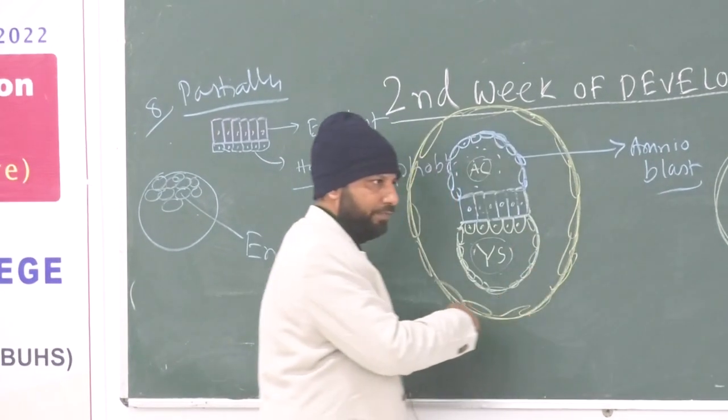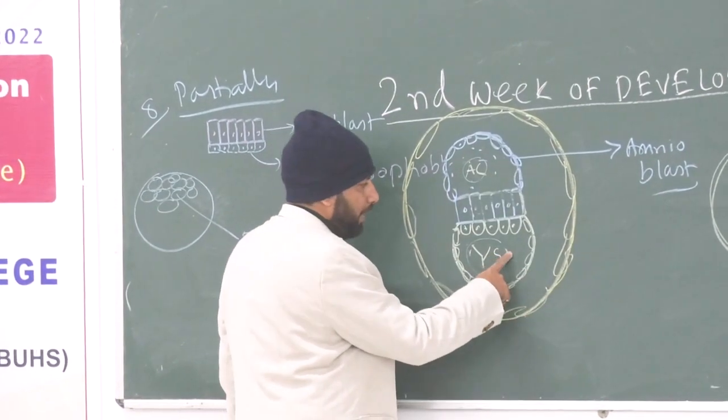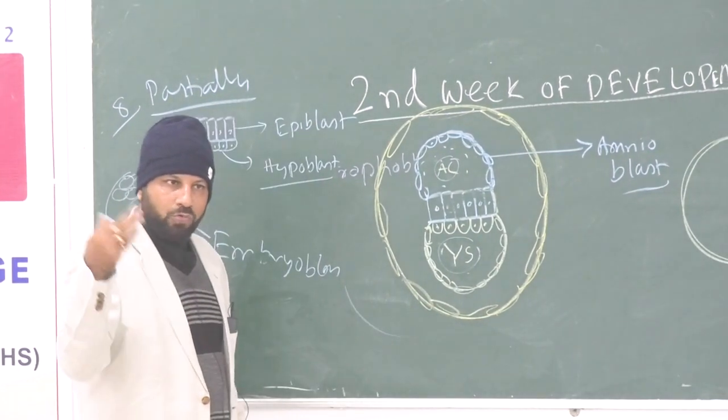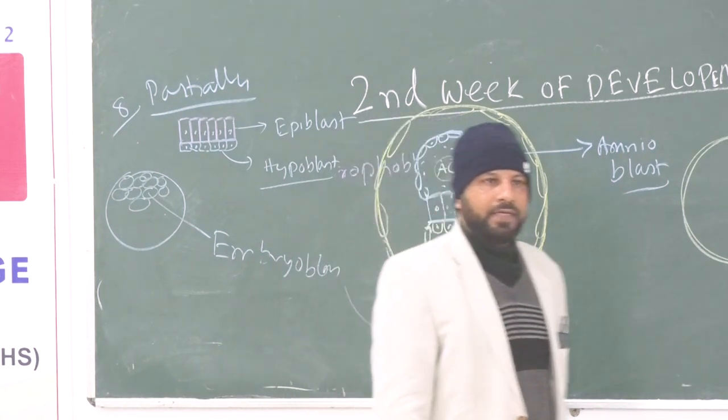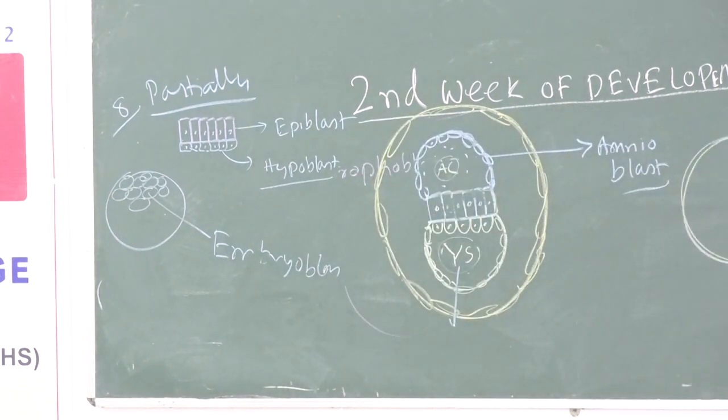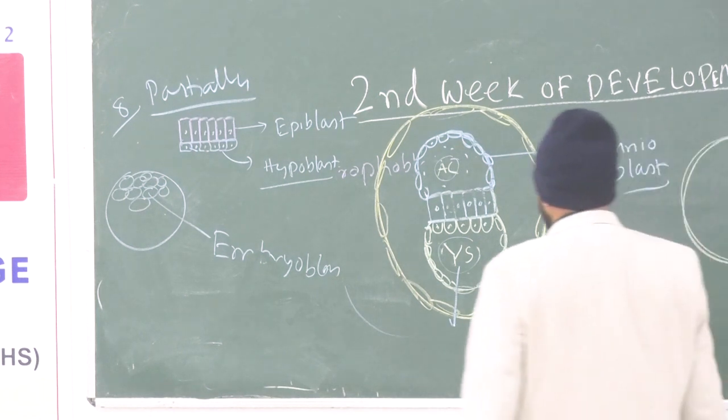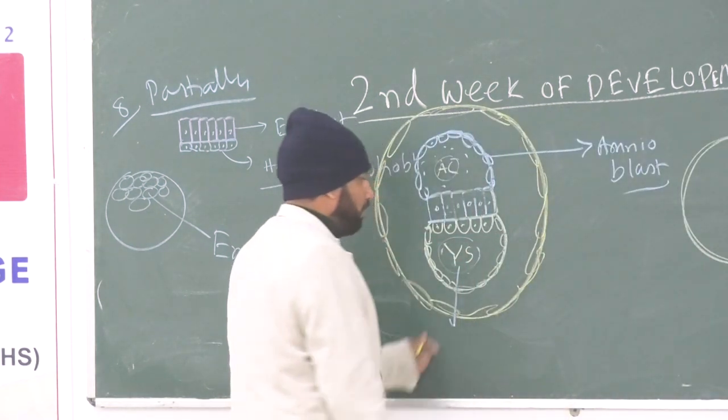There is no yolk here. In further development, in due course of pregnancy, it forms the endodermal lining of the respiratory epithelium and gastrointestinal tract. The intestinal epithelium's endodermal lining is formed by the yolk sac.